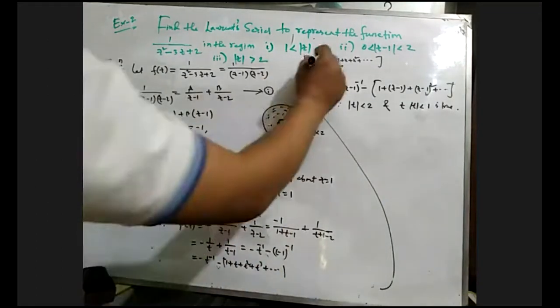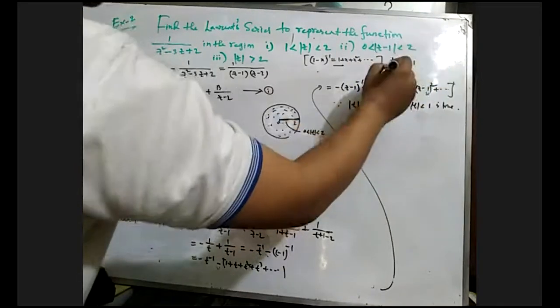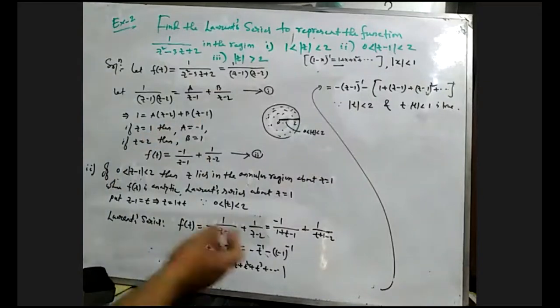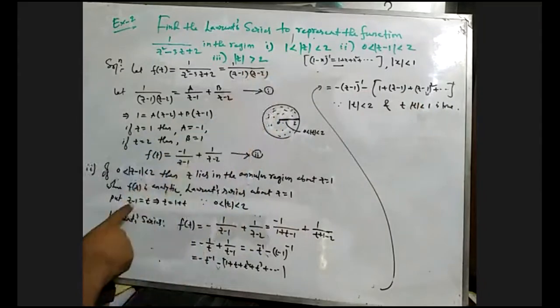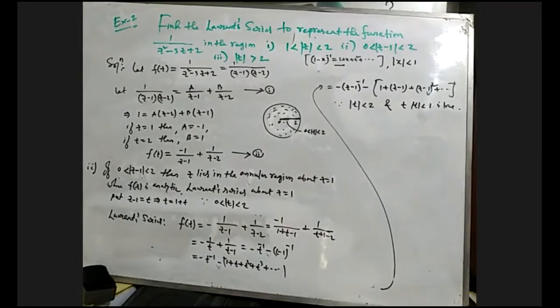Remember it, for this series we must satisfy this one: modulus of x will be less than 1. So this is true from our given condition. Similarly, we can find the third part. This will be homework for you.